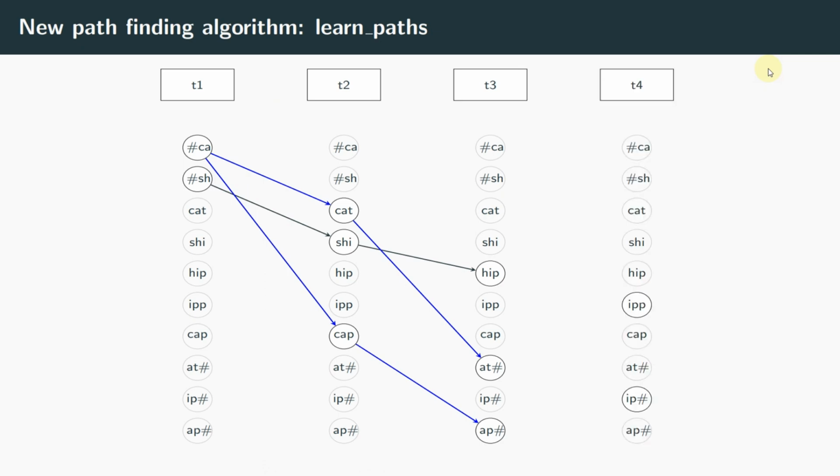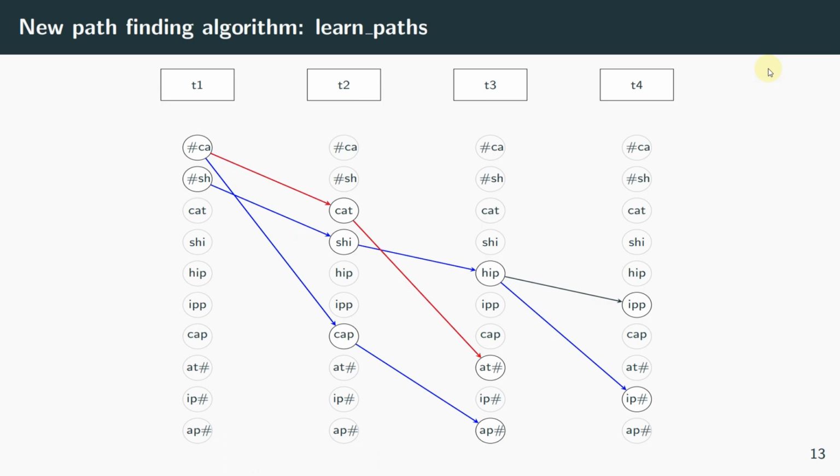For time step 4, we have another path completed. But path SHIPP is not completed, so we drop it at the end of the algorithm. Finally, we evaluate all of the candidate paths and select the best supported prediction path.